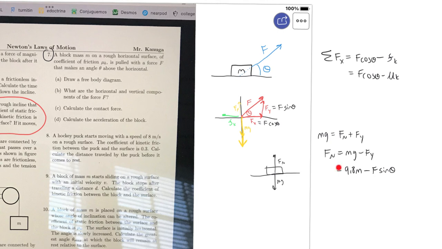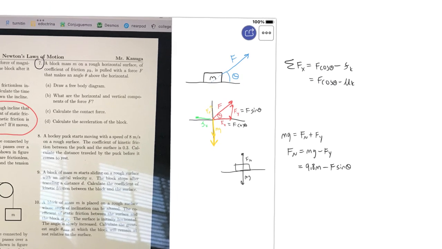And the normal force we already talked about, it's that. So it's kind of getting messy. I'm not really sure if this is what the teacher is looking for. But this is all true, though.